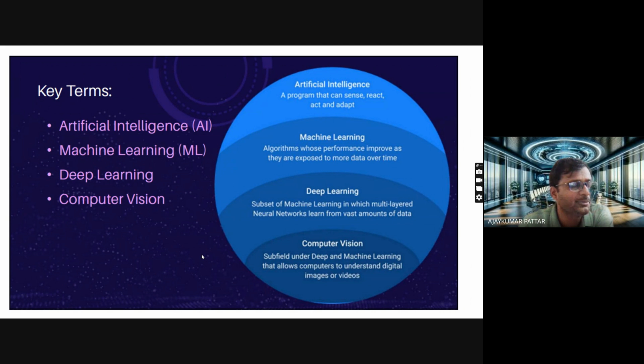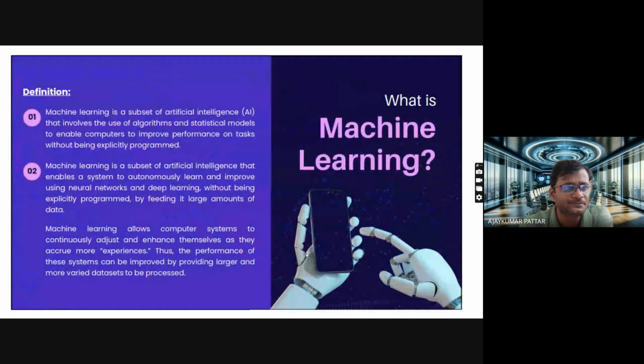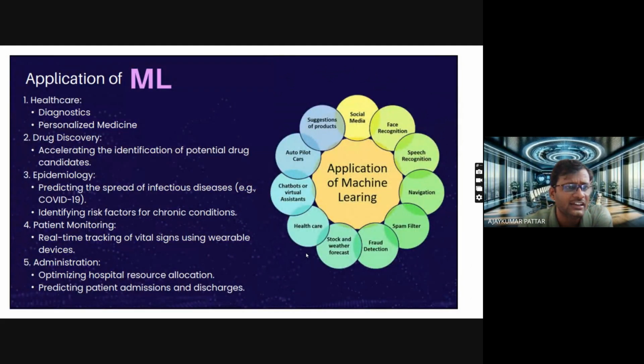If you provide some images and ask about that particular image, then the machine will understand and give the information regarding that image or video. Once again, this is the definition of machine learning application.